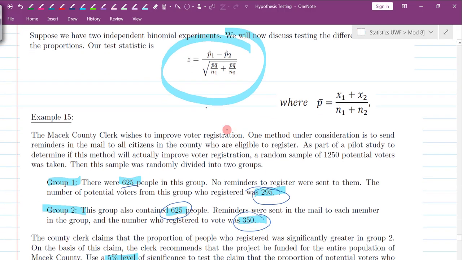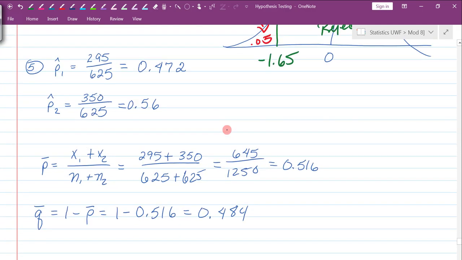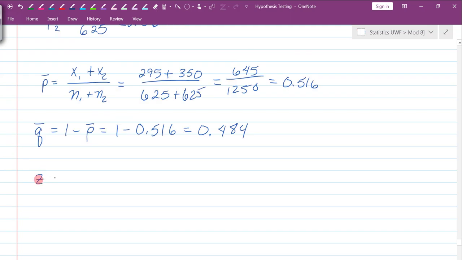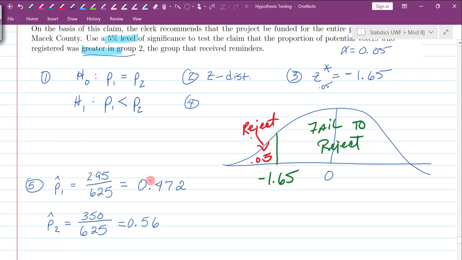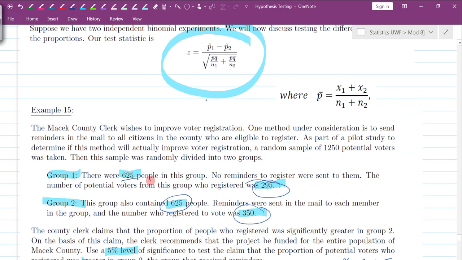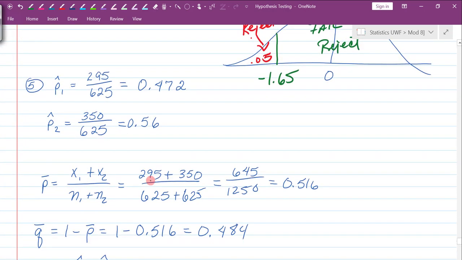So Z is going to equal P hat 1 minus P hat 2 divided by the square root of P bar Q bar divided by N1 plus P bar Q bar divided by N2 underneath the radical. I'll double check that real quick. Yep. Okay, and here we go.